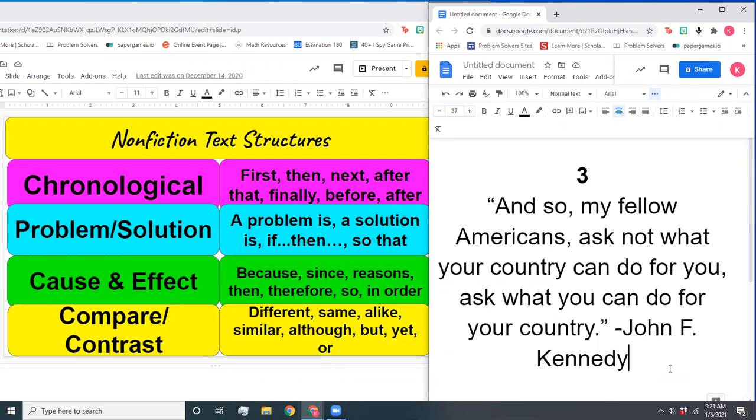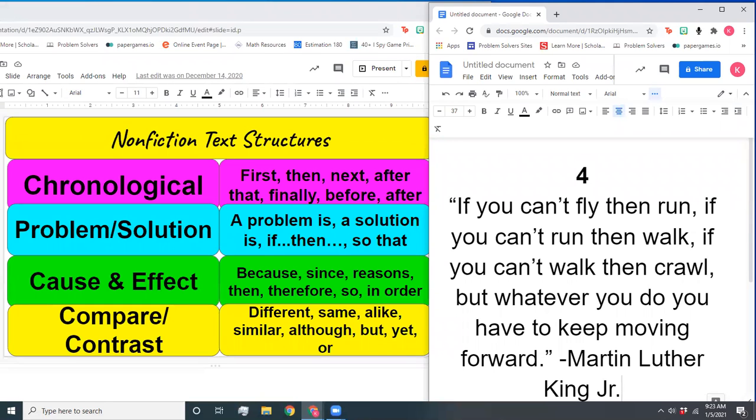Again, write number 3 on your paper and tell me which text structure this quote follows. Okay, pause the video if you need more time. It's absolutely okay. I'm going to move on to number 4.